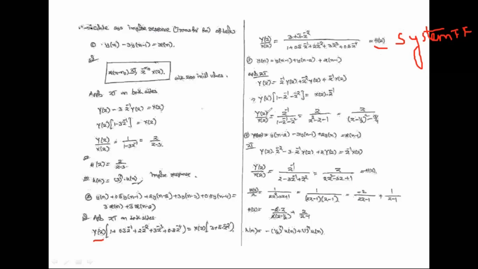Got it, my dear students? So you will get the four factors here, the 4 poles. First of all, convert into the positive powers of z. Then after you can find out the poles to get the impulse response h of n.